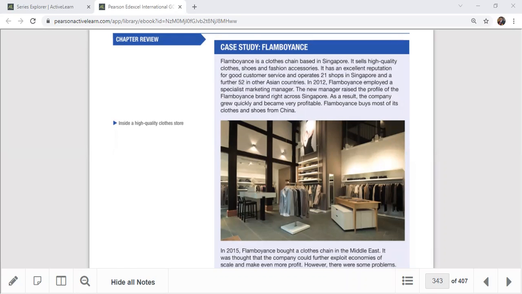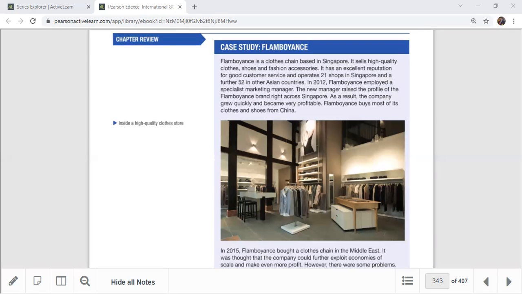Case study, Flamboyance. Flamboyance is a clothes chain based in Singapore. It sells high quality clothes, shoes, and fashion accessories. It has an excellent reputation for good customer service and operates 21 shops in Singapore and a further 52 in other Asian countries. In 2012, Flamboyance employed a specialist marketing manager.